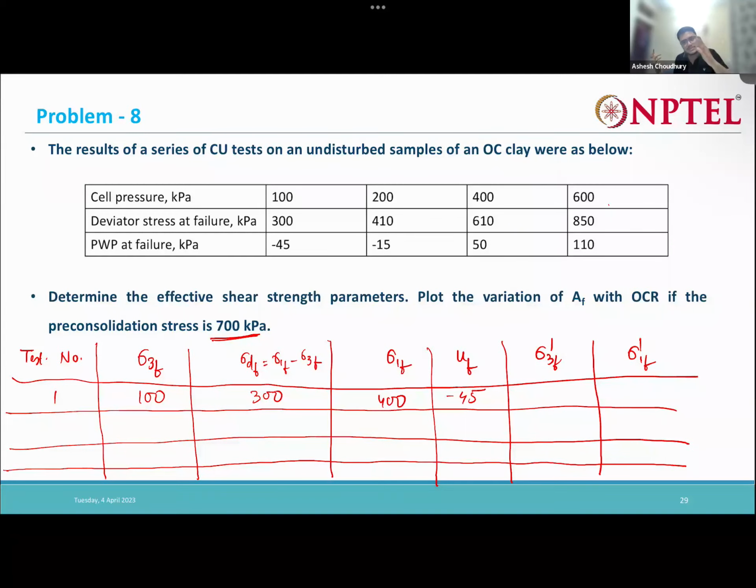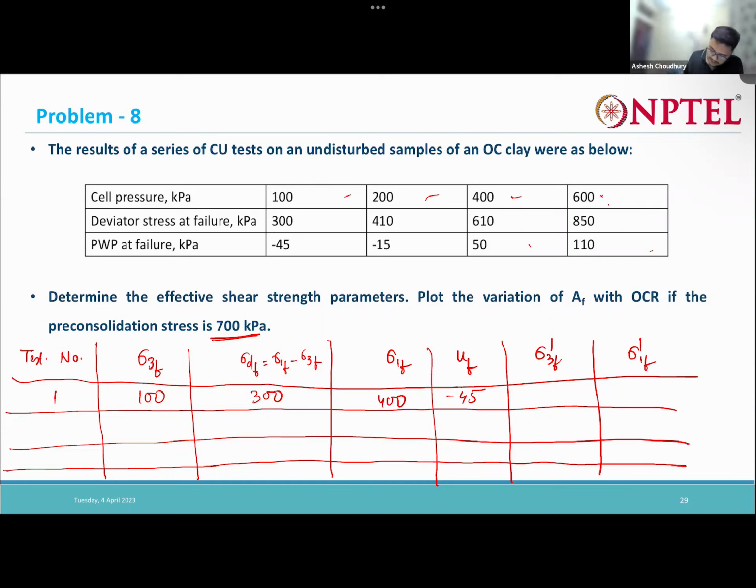So as sigma 3 goes near to 700, my pore water pressure is actually getting positive. It means the soil is slowly transforming into a normally consolidated soil.